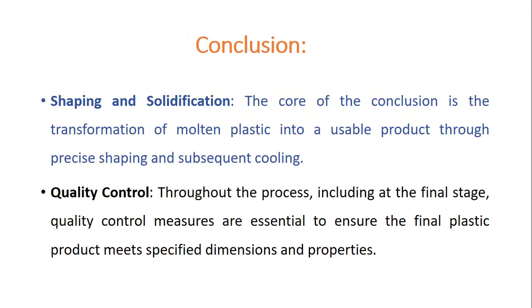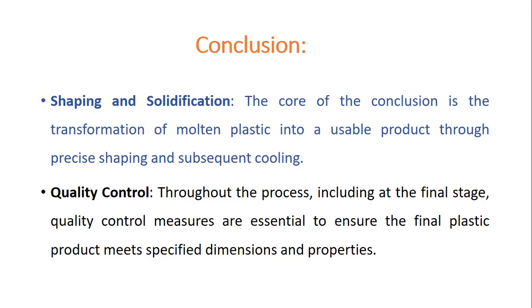Thus, in conclusion, I can say that the core idea of the manufacturing process of plastic is to transform the molten plastic material into a final usable product through precise shaping and subsequent cooling operation.